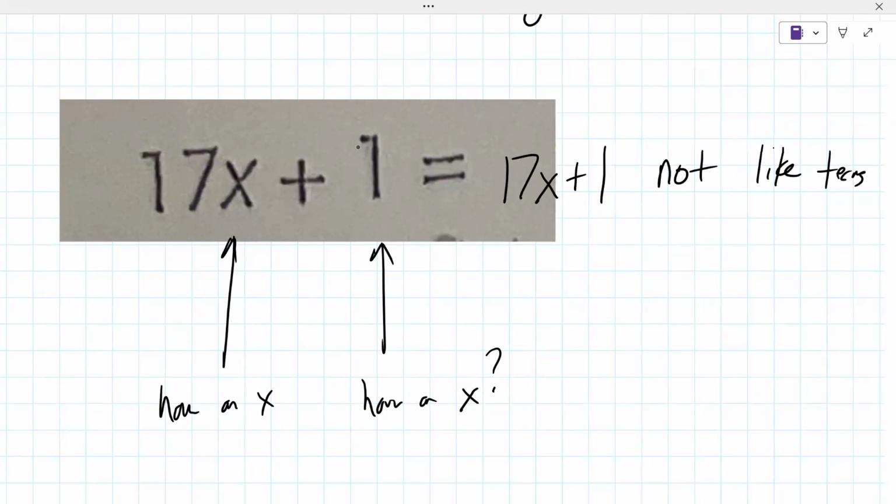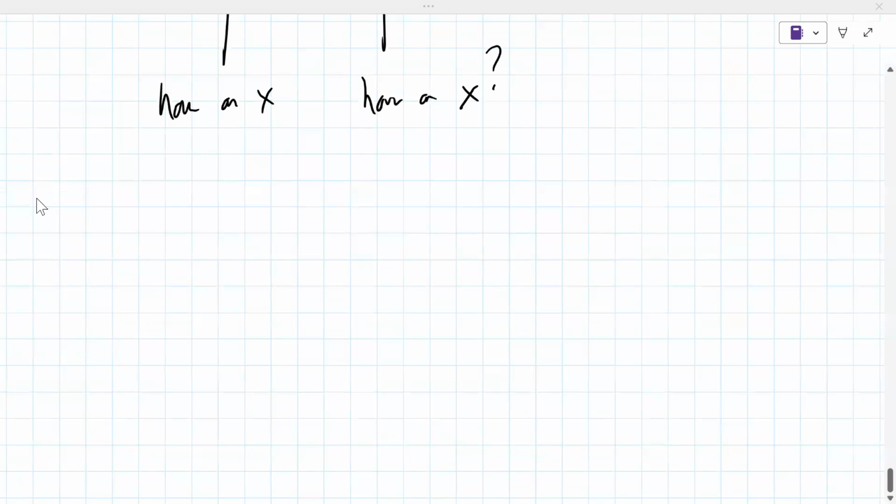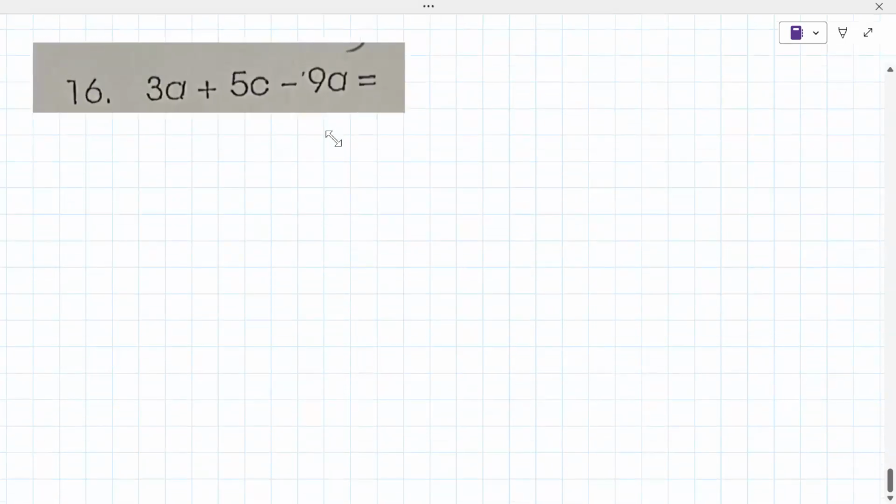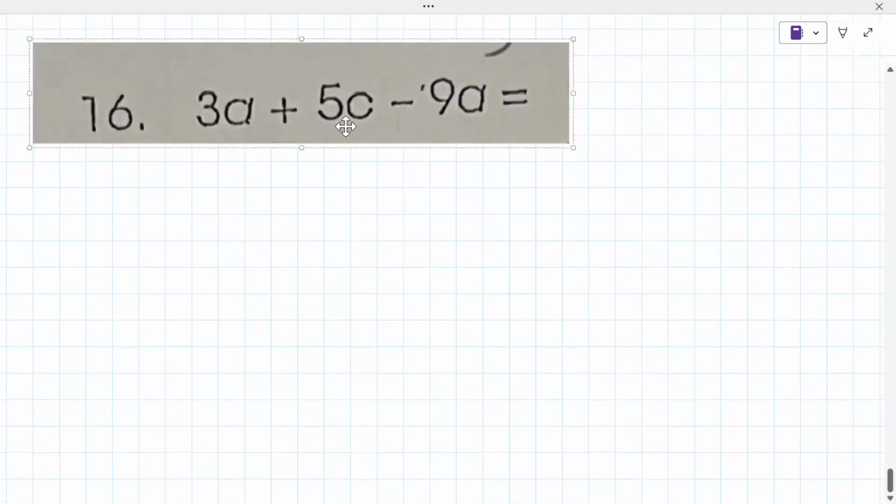Oh, I see. Yeah, I understand that. Okay, we're going to look at 16 next. We're incorporating all of this now. All right, so this is 3a plus 5c minus 9a.